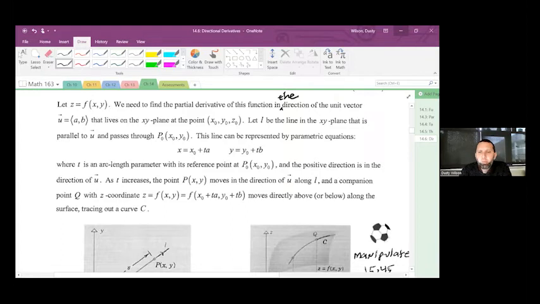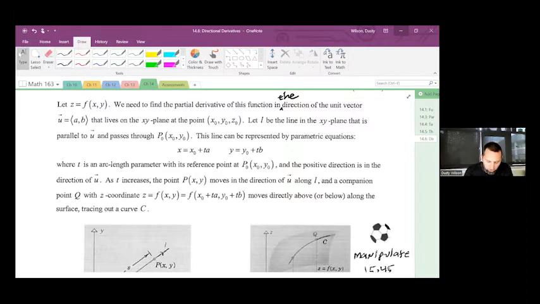So let L be the line in the xy plane that is parallel to u and passes through the point P naught, which is x naught, y naught. This line can be represented by the parametric equations x equals x naught plus t a and y equals y naught plus t b, where t is an arc length parameter with its reference point at P naught, which is x naught, y naught, and the positive direction is in the direction of u.